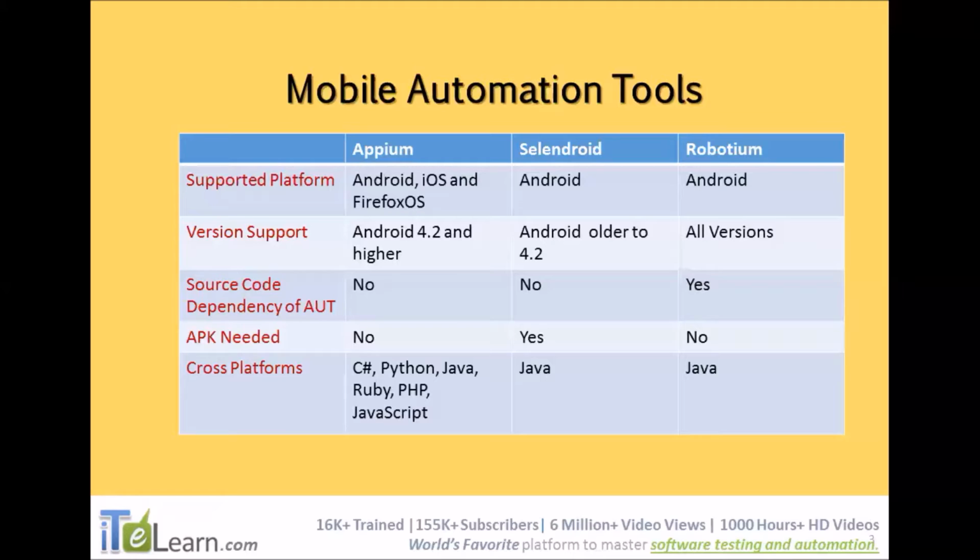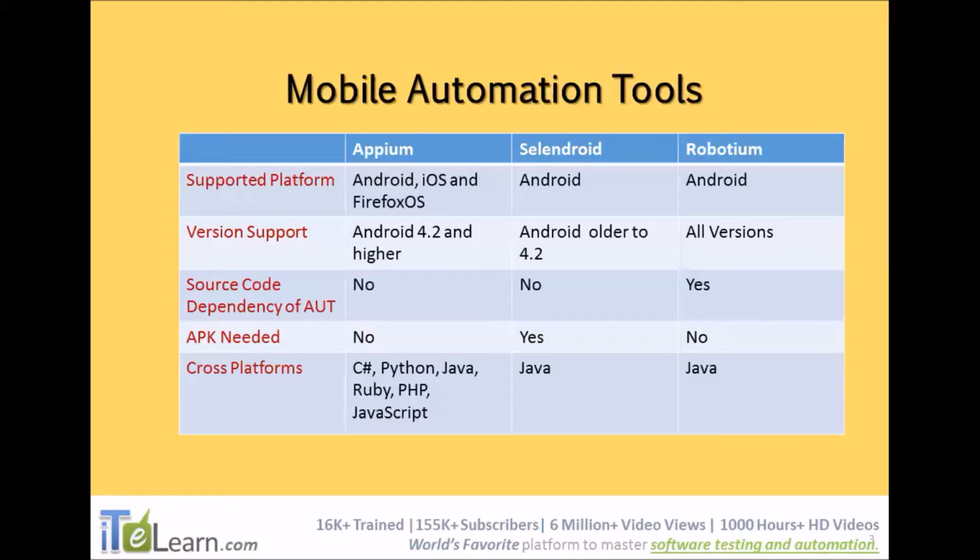Okay. Next is the need for the APK. You need an APK file when you are using the Selendroid test automation framework, and Appium here also doesn't need an APK.